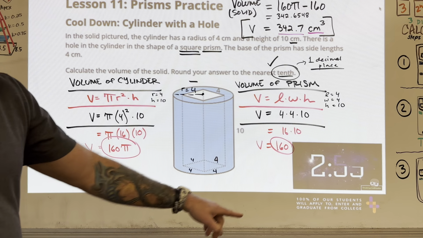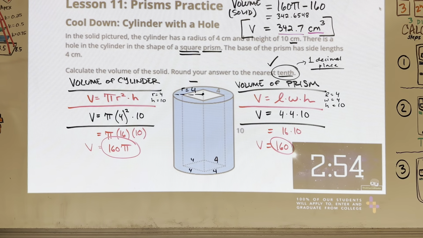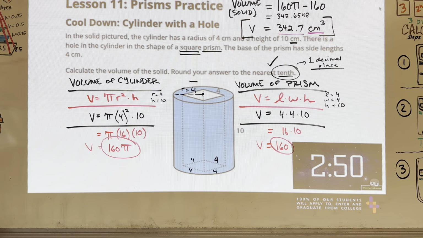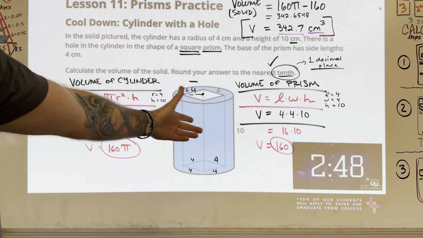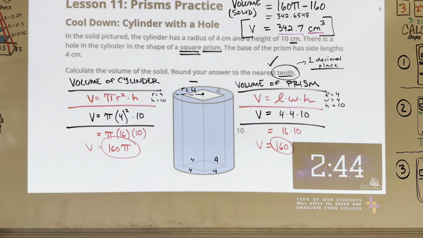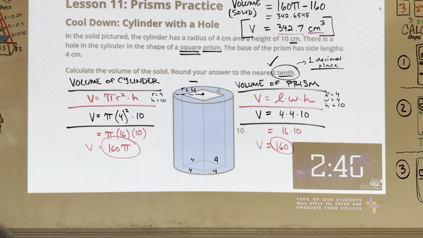Hey, bought us some time. That only took 7 minutes. All right, so there it is. If you want to pause the screen so you can see the work, or pause the video, I should say. Look at all this work.